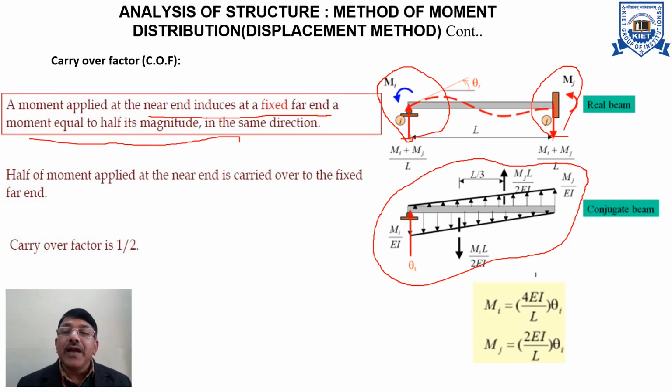Notice here, Mi was an anticlockwise moment, and at J, Mj is again an anticlockwise moment, and the magnitude of Mj is half of the moment applied at A. You can notice here, the solution can be carried out with the help of preparing a conjugate beam and then analyzing it for the moment at I and moment at J.